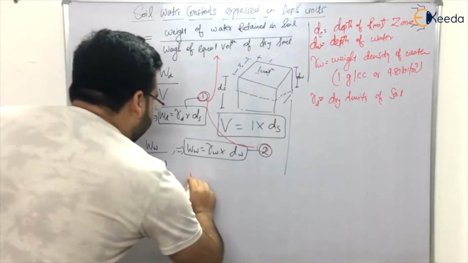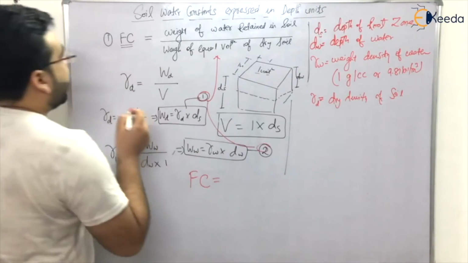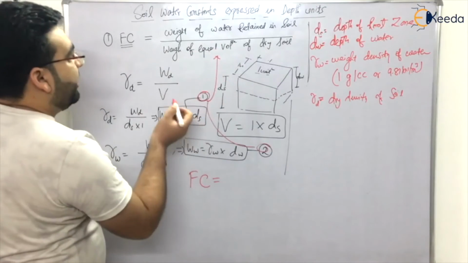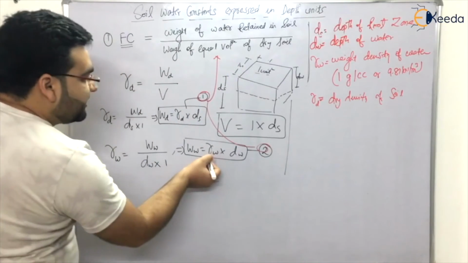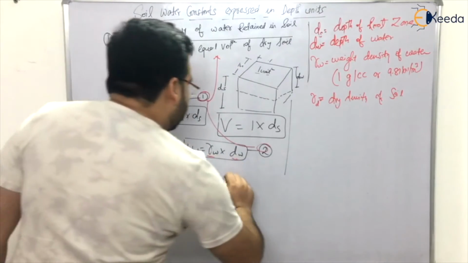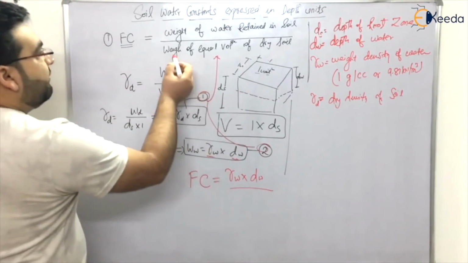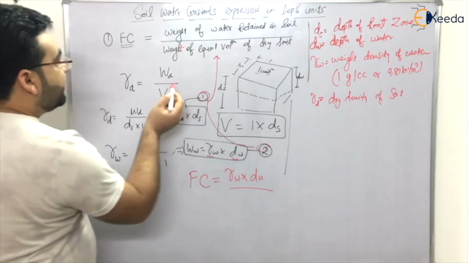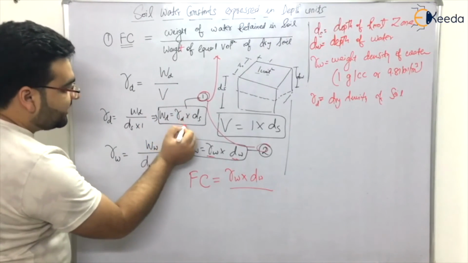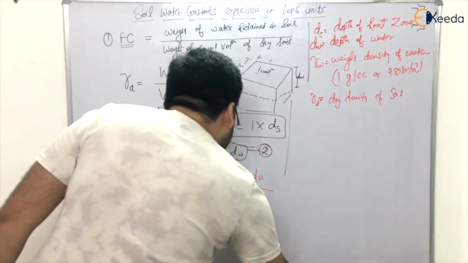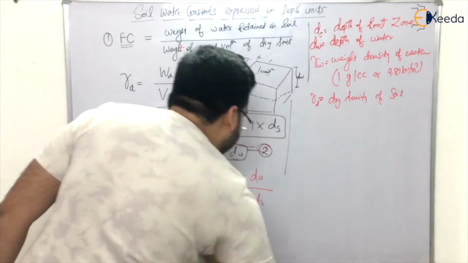So let us use equation number 1 and equation number 2 and put it in this equation. So we will be getting the field capacity equal to weight of water retained in soil, which is gamma w into dw, divided by weight of equal volume of dry soil, which is gamma d into ds. ds is the depth of the root zone.